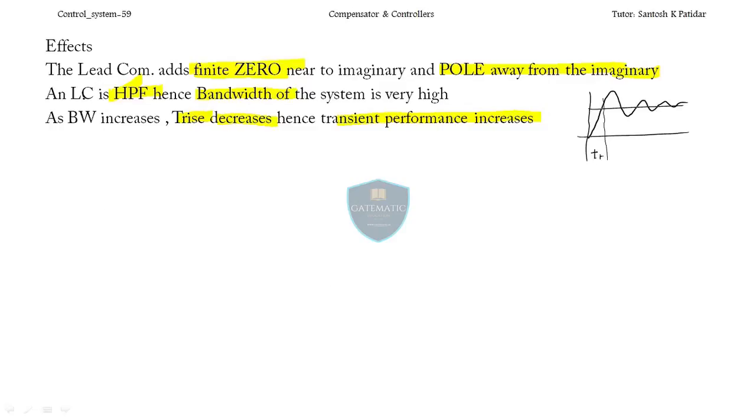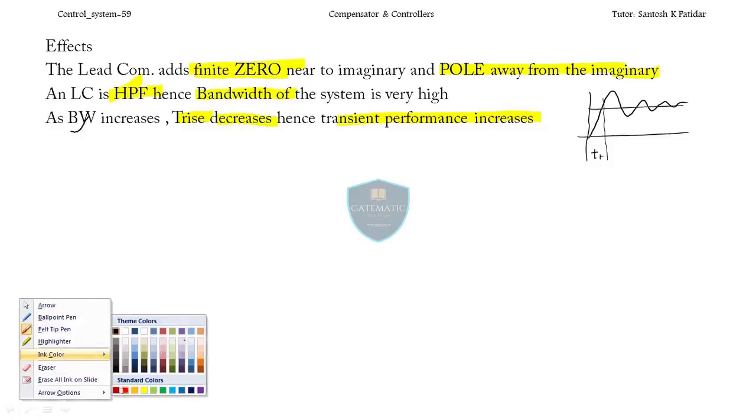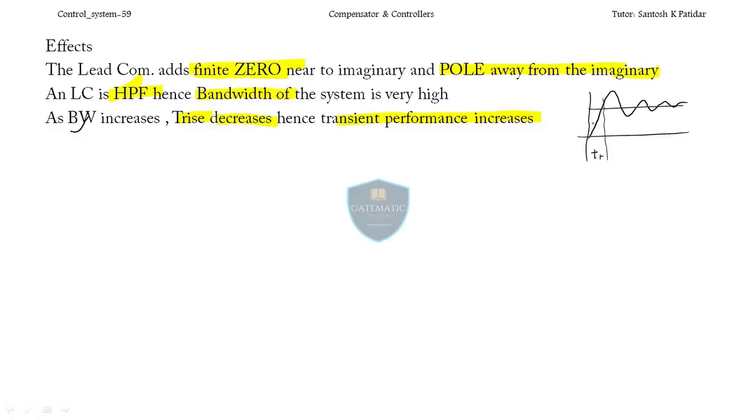Now the bandwidth increases, the T rise decreases, this rise time is going to decrease, means your next waveform will be like this. So if your waveform is like this, it means your T rise is going to decrease, which means your transient performance increases.